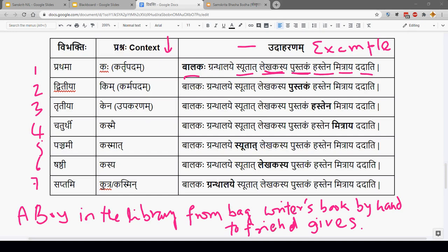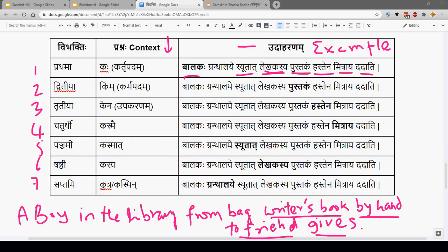बालकः ग्रन्थालये स्यूतात् लेखकस्य पुस्तकं हस्तेन मित्राय ददाति. So a boy in the library from a bag gives a writer's book to a friend by hand. If you do this in English, we have to be mindful of the order.